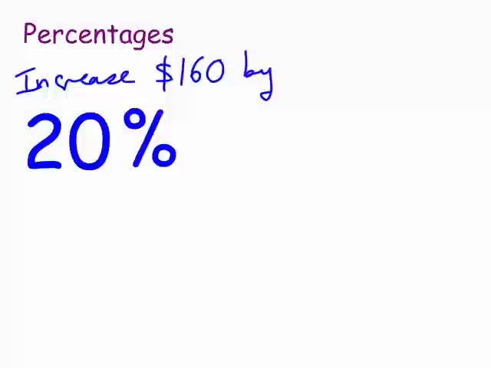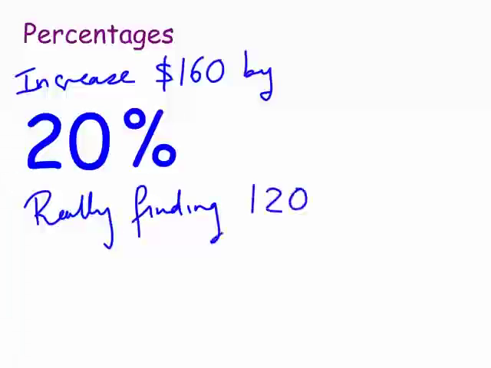Well, when you say you increase something by a percentage, you are getting the original amount, which is 100%, and then adding on this percentage. So really what are we doing? We're finding 120% of $160.